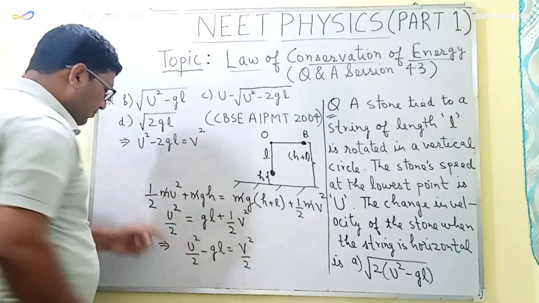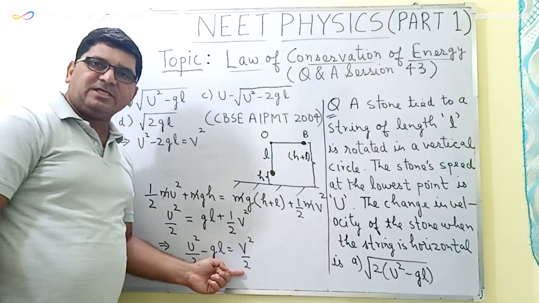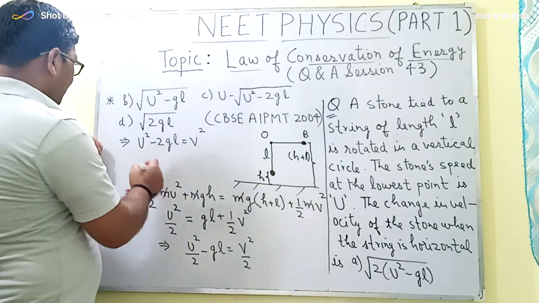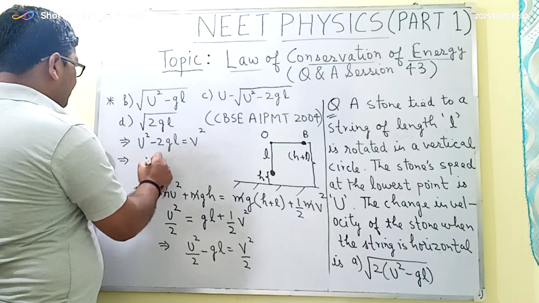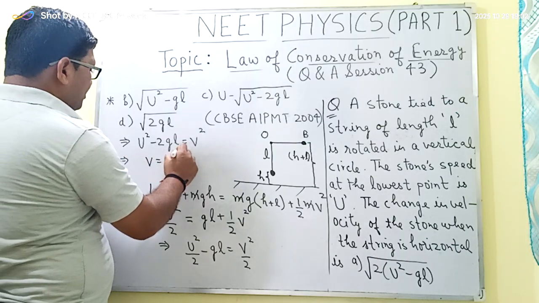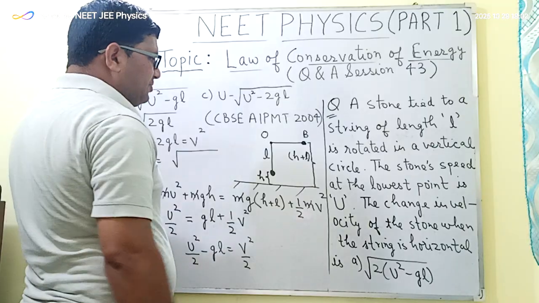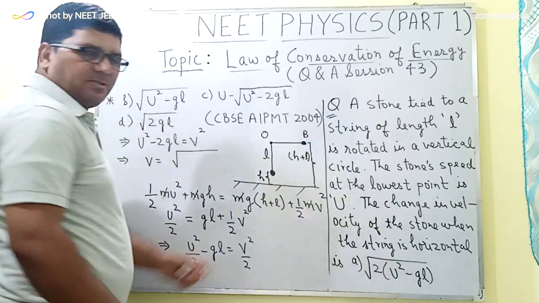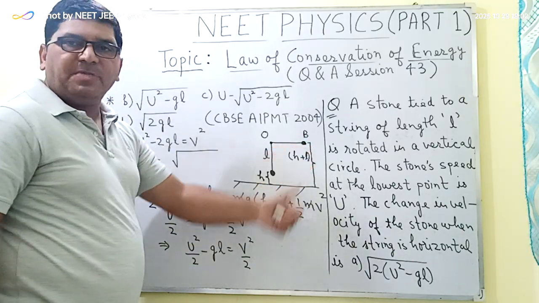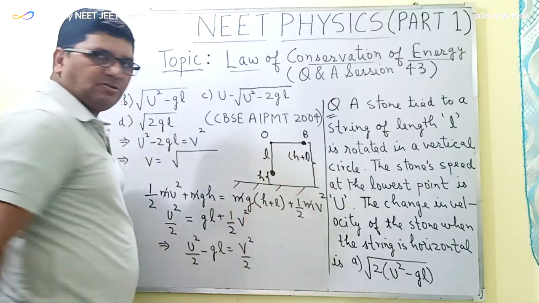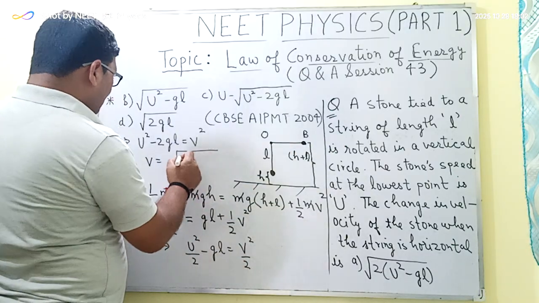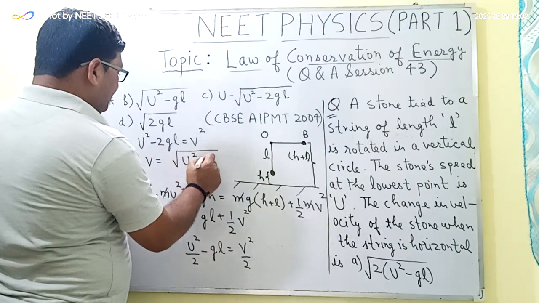What I have done is I have multiplied this equation on both sides by 2. So the velocity of the stone when the string is horizontal, or when the stone reaches point B, is equal to the square root of u square minus 2gl.